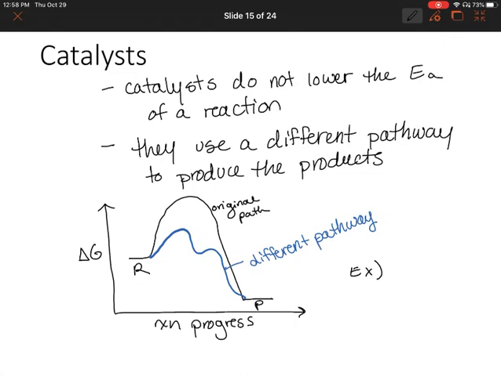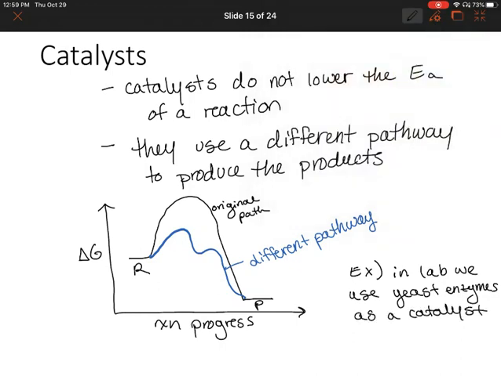Example, in lab, we use yeast enzymes as a catalyst, sorry, to make ethanol from molasses.